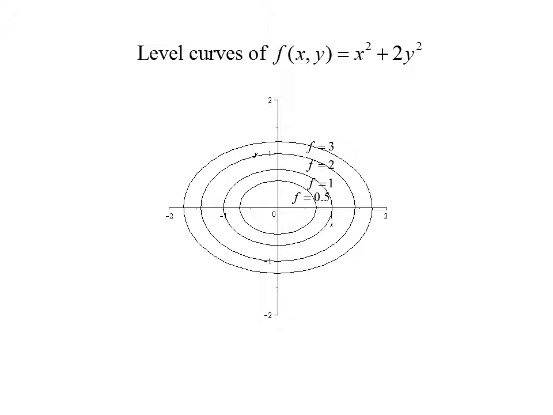And I went ahead and constructed a graph of this so you could see how this relates to what I told you earlier. Here are a few of the level curves for our optimizing function. Here is, in blue, the constraint function, x squared plus y squared equals 1.